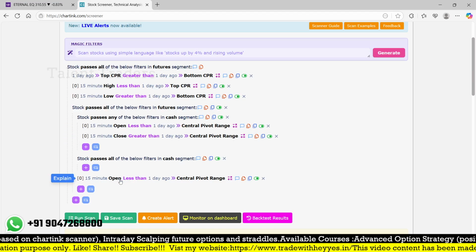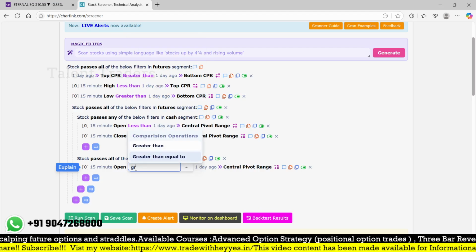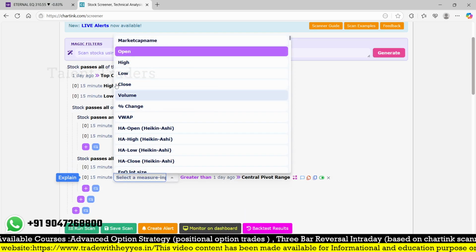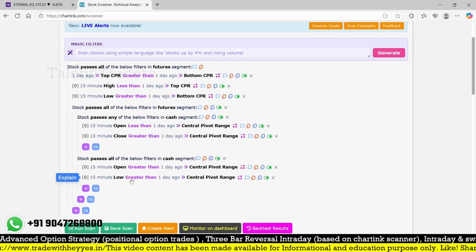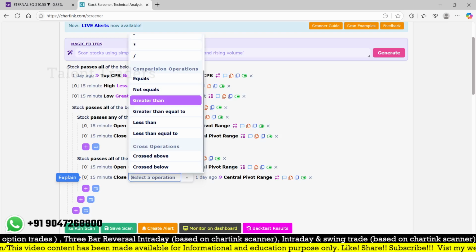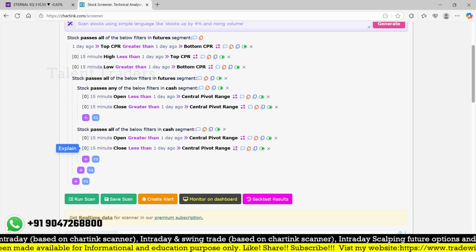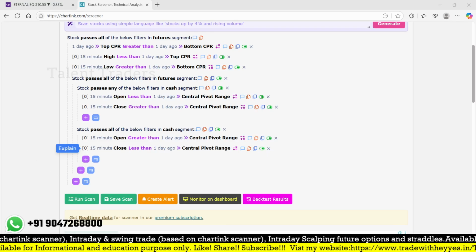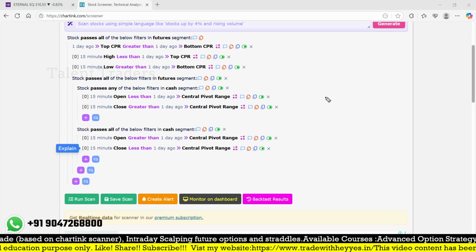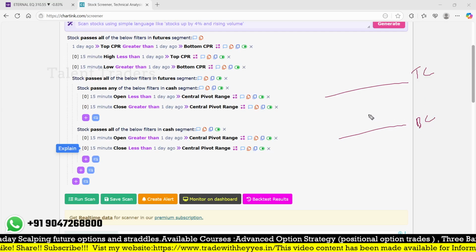Okay, that's right. Here the open greater than, seems like that. Close less than. So what exactly will this particular scanner help you with? A particular CPR level. So CPR 1, this is a TC and a BC pivot.